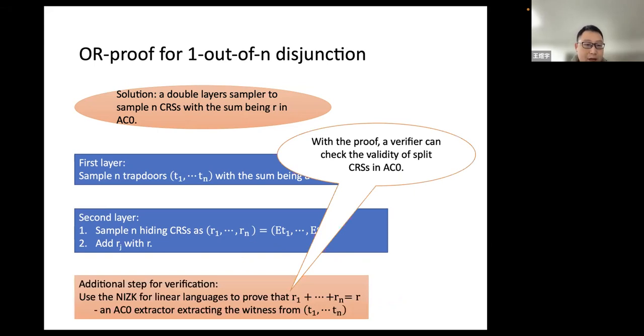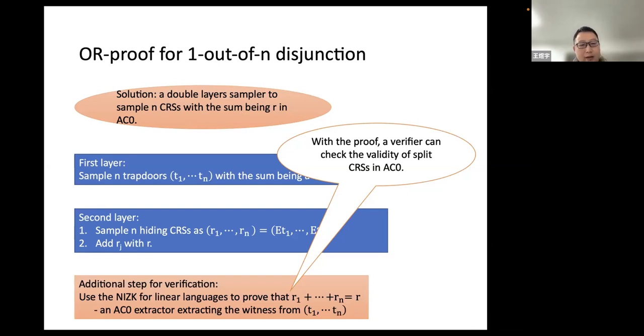And we also need an additional step for verification. Specifically, we use the NIZK for linear languages to prove that the sum of all the split CRS is equal to the original one. And by making use of this proof, the verifier can check the validity of the split CRS in AC0, since our NIZK for linear languages can be run in AC0.